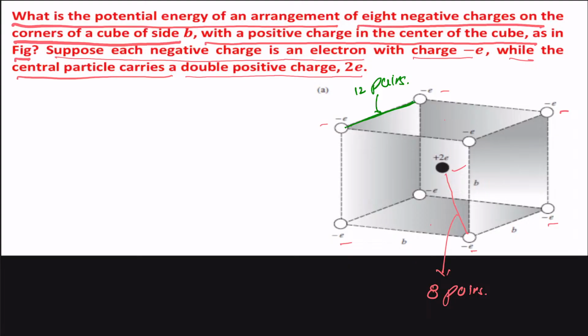Then we come to the extreme diagonals, and for that let me draw it like this. This is the distance between two similar charges, and it will consist of only 4 such pairs.